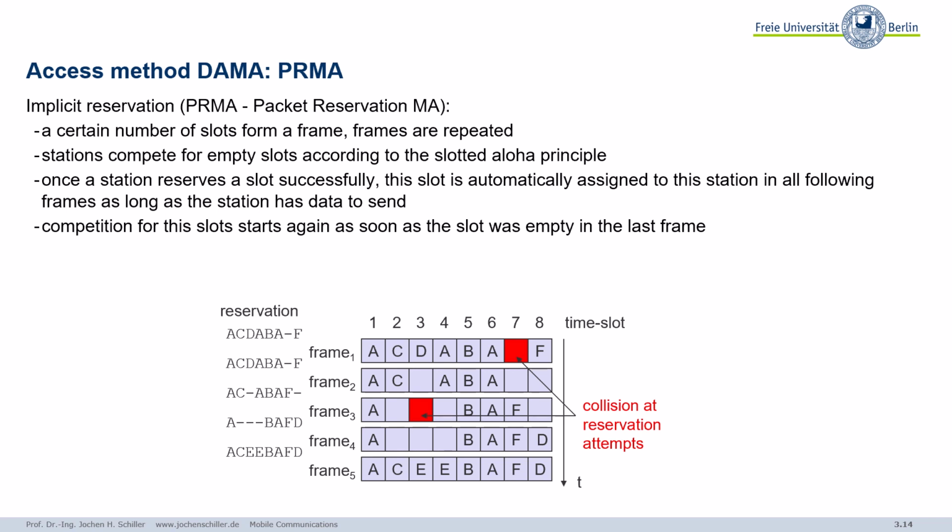I want to reserve a time slot within a frame, and the frames repeat and repeat and repeat. The idea now is, let's look at slot number 1. As soon as you successfully made a reservation for time slot 1, you can stay in this time slot and transmit your data.